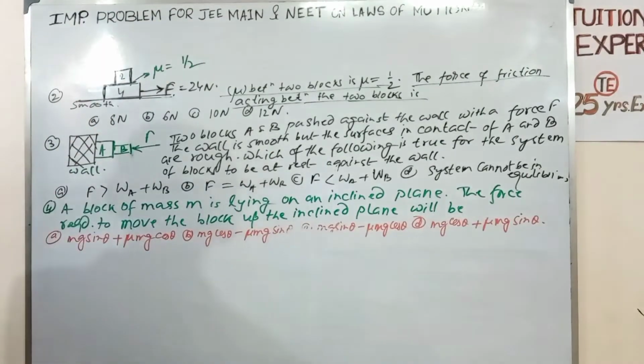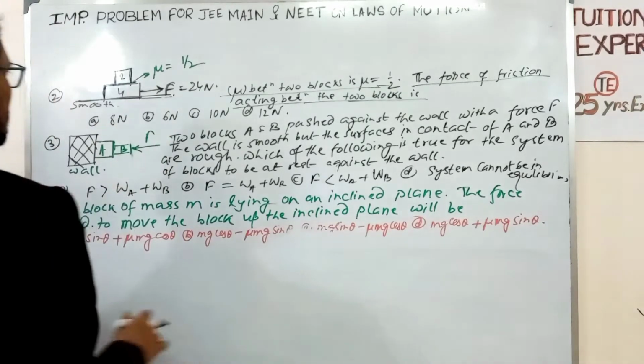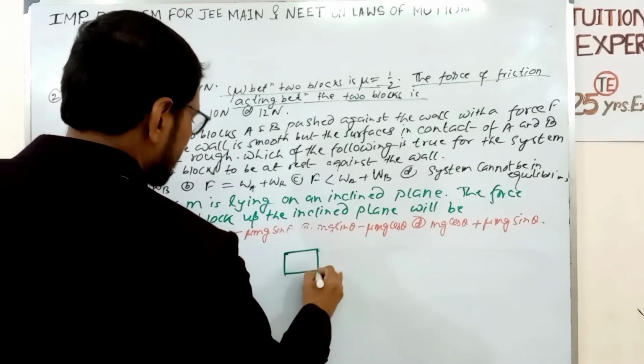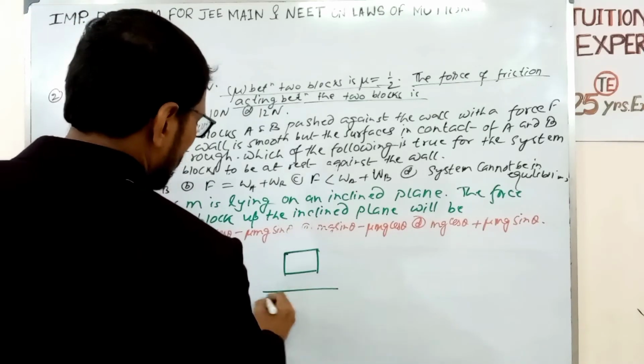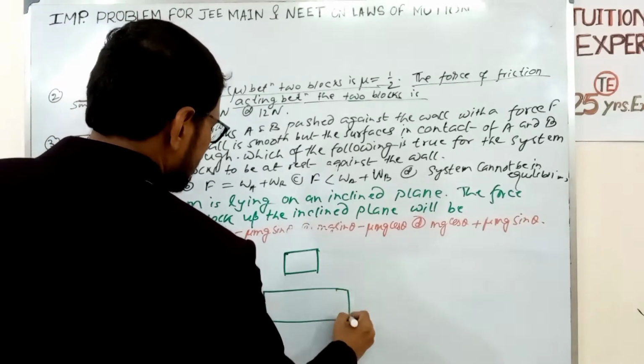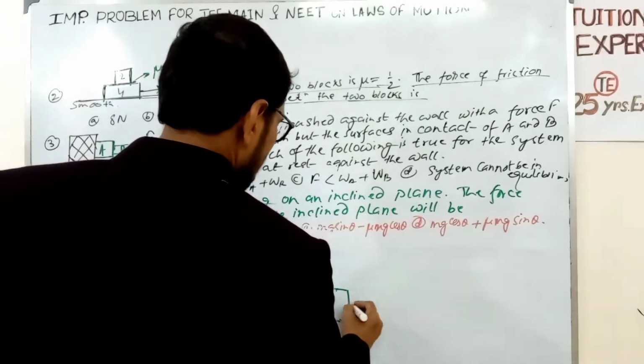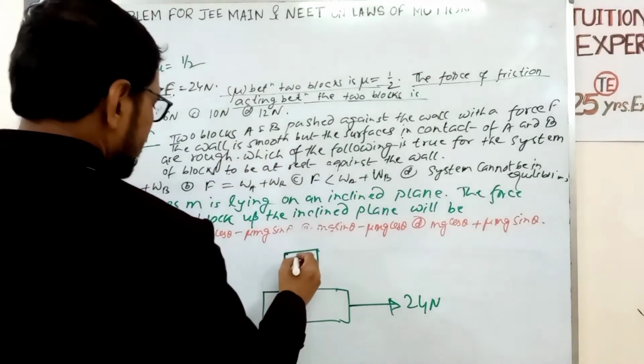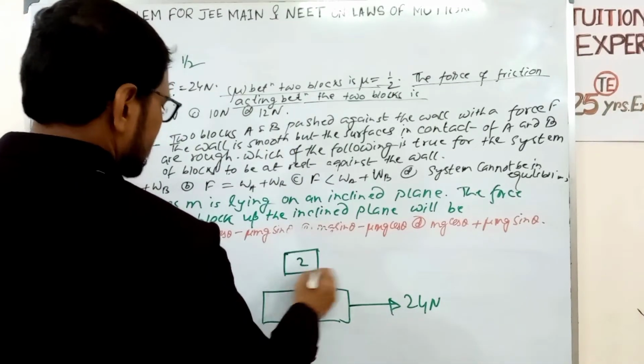Now this is very conceptual. Suppose the 2 kg block is present here and the 4 kg block is present here. Force F equal to 24 Newton acts. Now what is the friction force acting in this diagram?